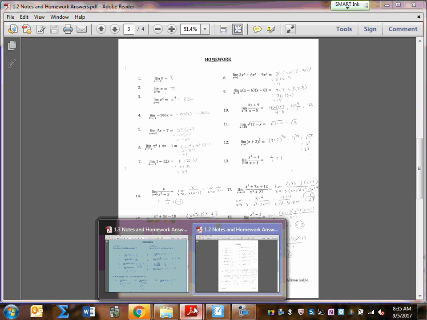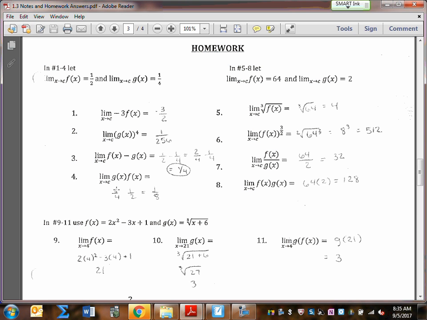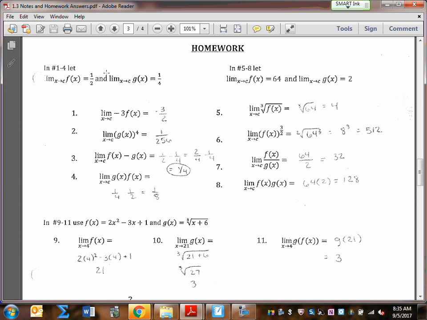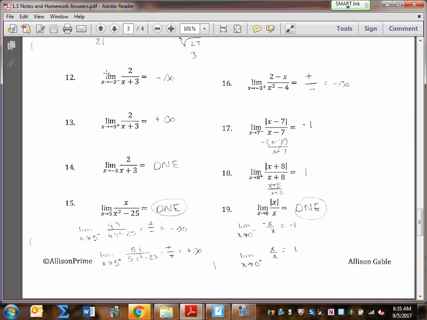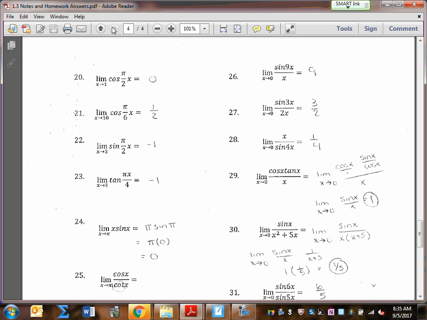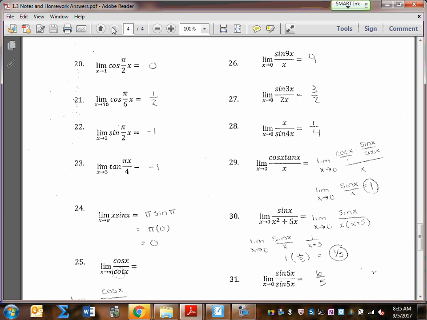And did we have any questions on our second page? 20 and 23. The limit is x squared just 1 with cosine of pi over 2x. Is that the right one? No, it's this guy.